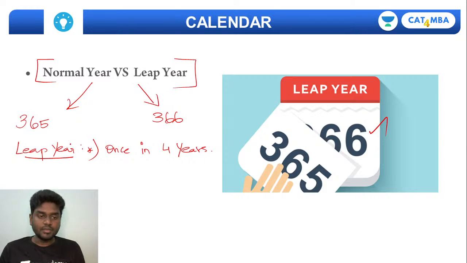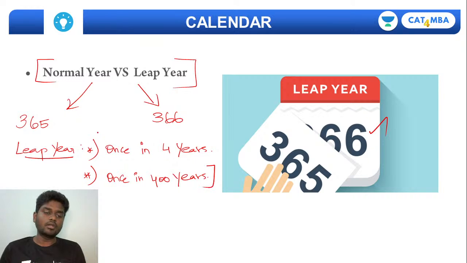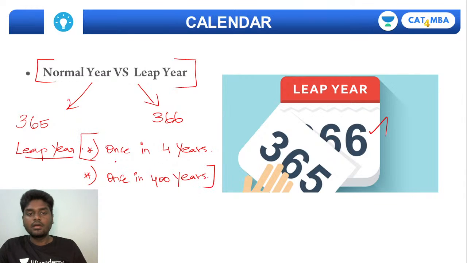But there is another important fact: it not only happens once in 4 years, but also once in 400 years. Very, very important. These two things are ultimately important to remember when it comes to leap years.